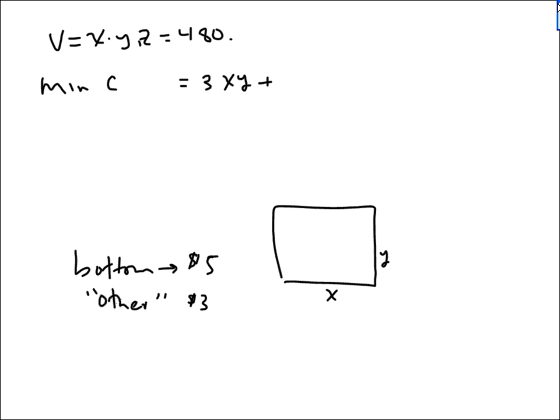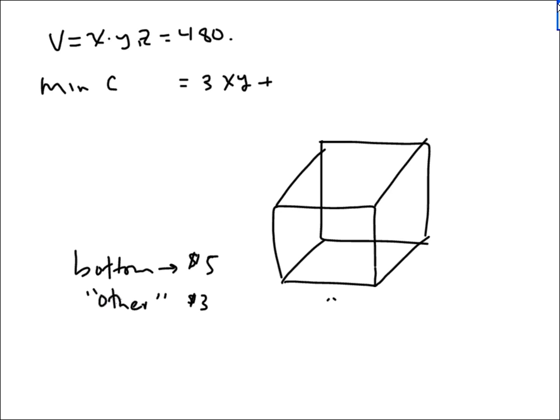Okay. Now, it's going to look different, because I don't know how to draw this and make it the bottom anymore. So there is your box. The bottom is x times y, and the height is z.